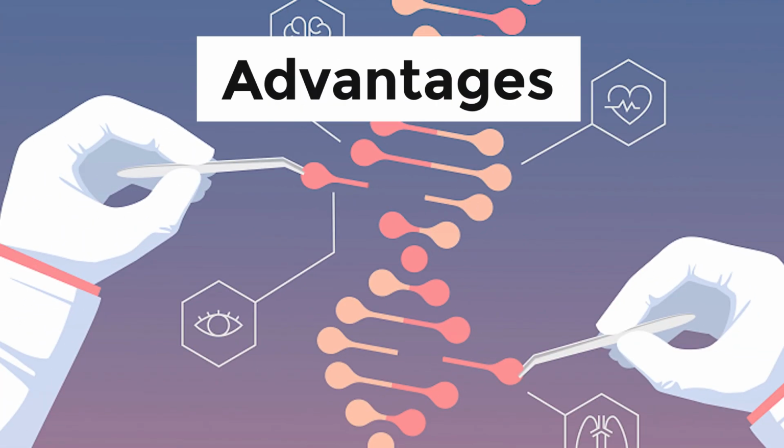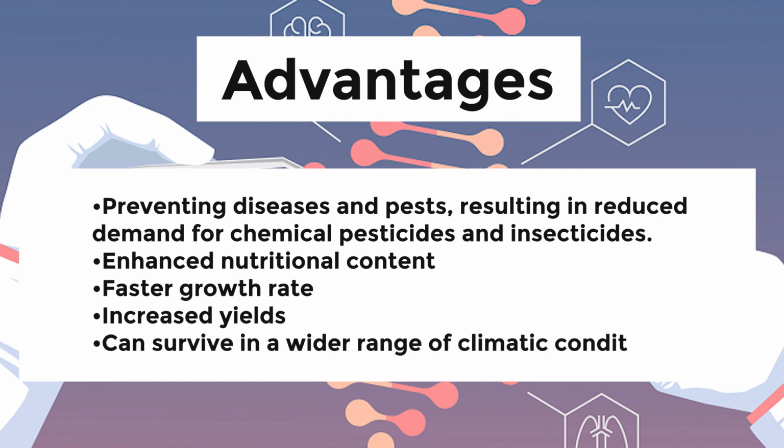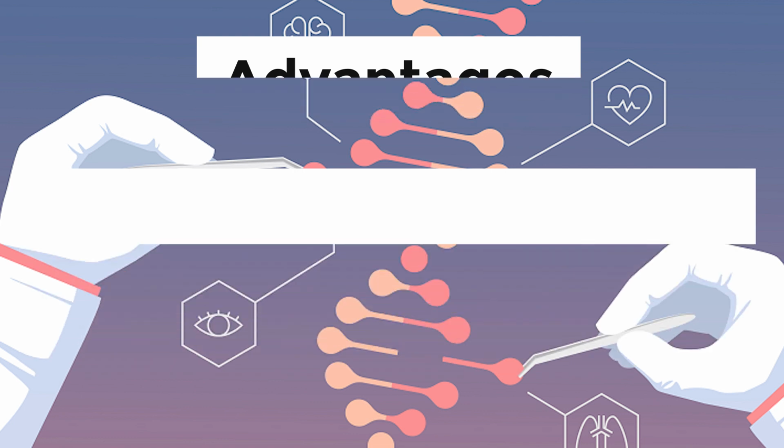So, the advantages of genetic manipulation are preventing diseases and pests, resulting in reduced demand for chemical pesticides and insecticides, enhanced nutritional content, faster growth rate, increased yield, and the ability to survive in a wider range of climatic conditions.